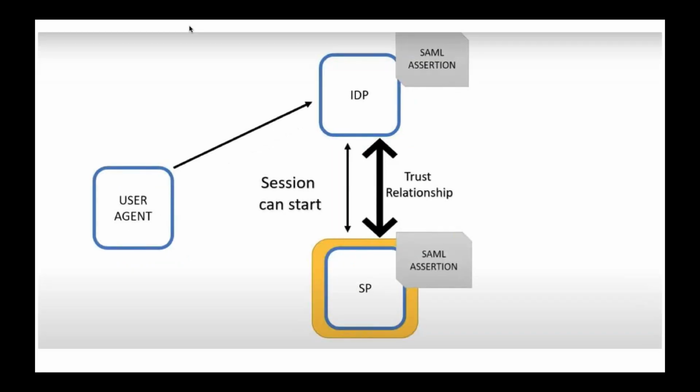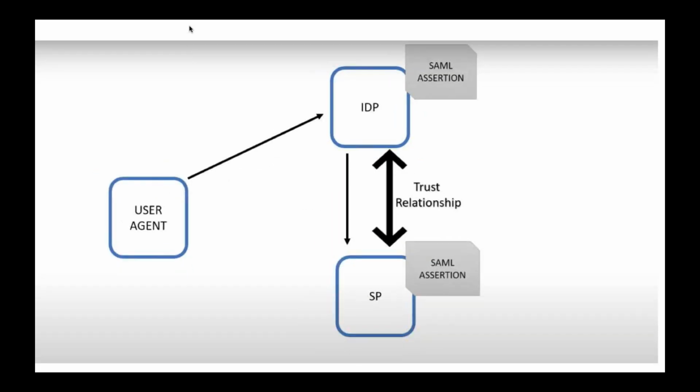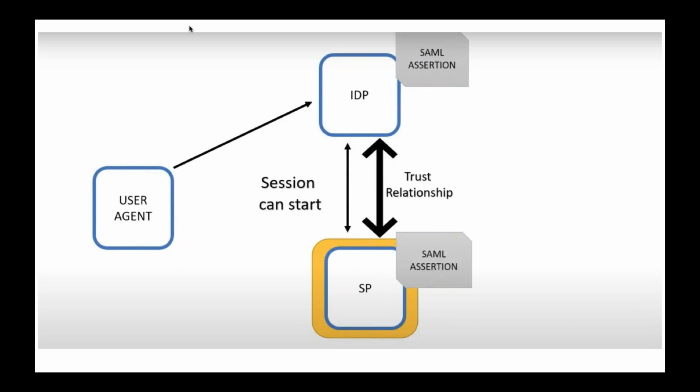And with some other application, whenever the relationship is generated, a session can automatically start. See, the next step is very important. The session is automatically started, and the user can now access this particular service. User can access Salesforce, Gmail, or some kind of HR Teams application.